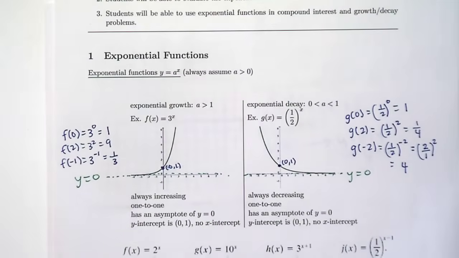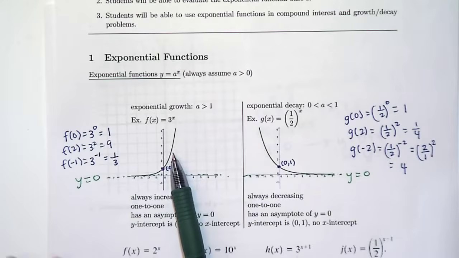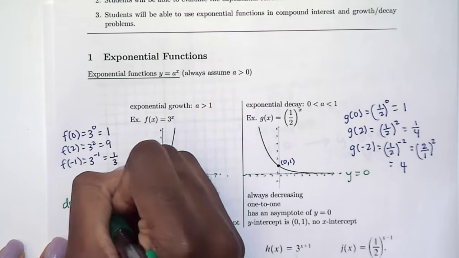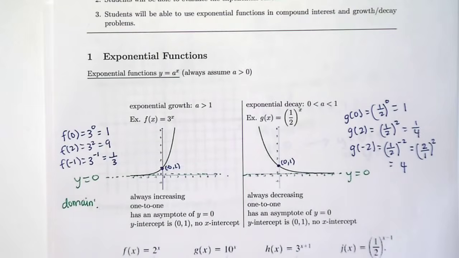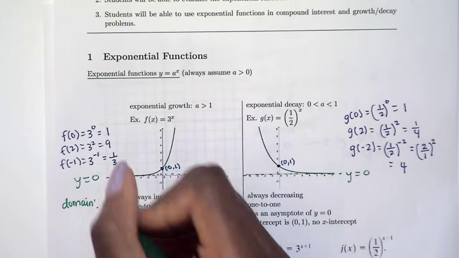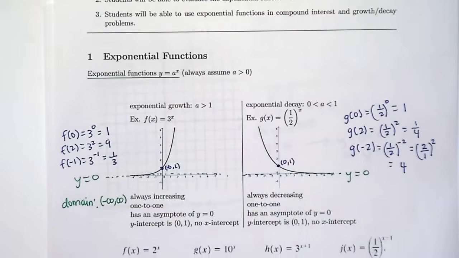Looking at this graph right here, 3 to the x, so this is on page 1. Could you tell me the domain of this function? Well, we can plug in any x value. So it's from negative infinity to positive infinity.